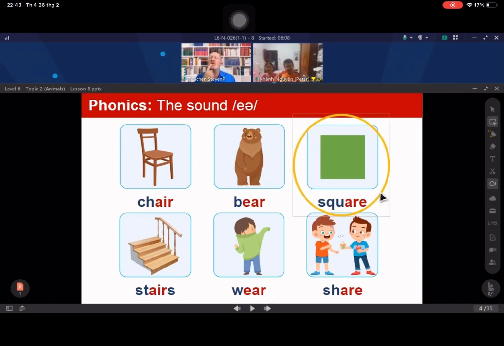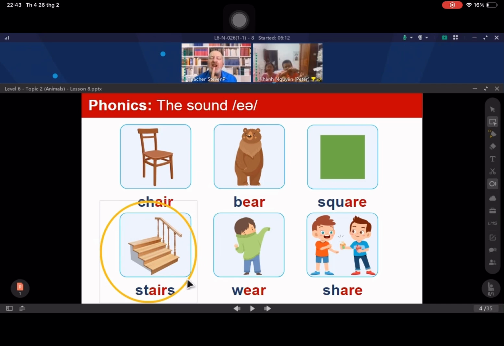That's right. And this one, square. Stairs. Stairs. Where. Share. Share. One more time. Share.